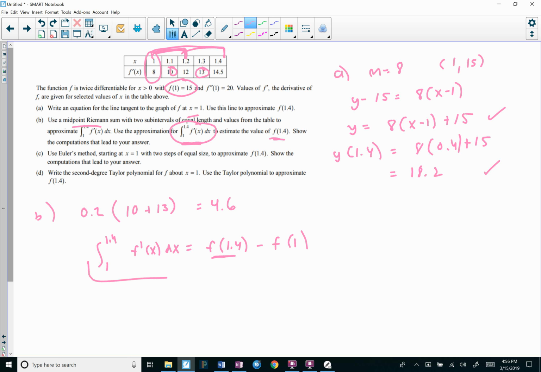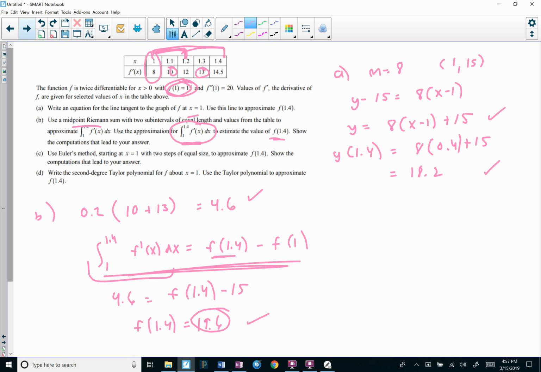Now we just found this using a midpoint sum is 4.6. And once again, f of 1 they tell me is 15. So do a little addition there. F of 1.4 is 19.6. Part B will earn you 3 points. One for the midpoint, 1 for using the FTC, and then 1 for the actual answer.